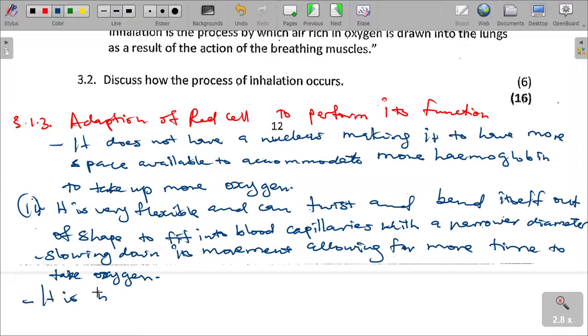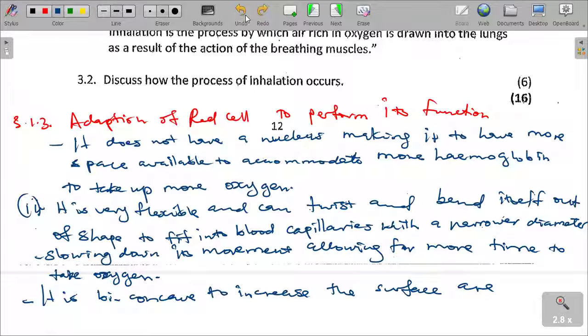It is actually biconcave to increase the surface area, so that more oxygen can enter or diffuse into the red blood cells.